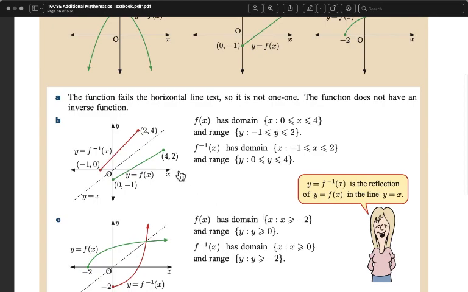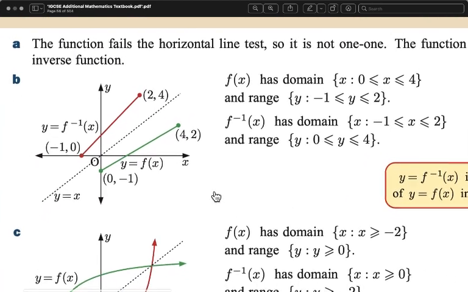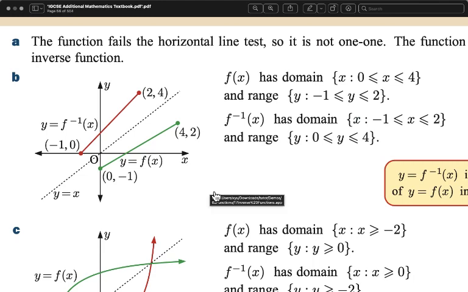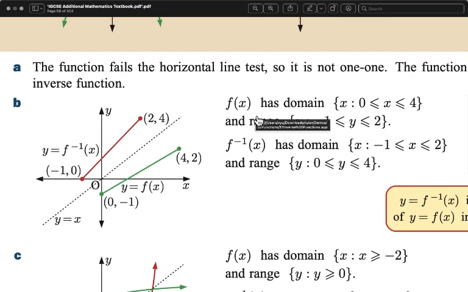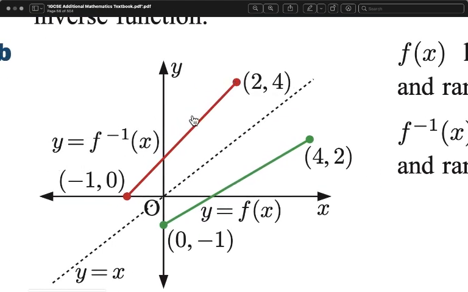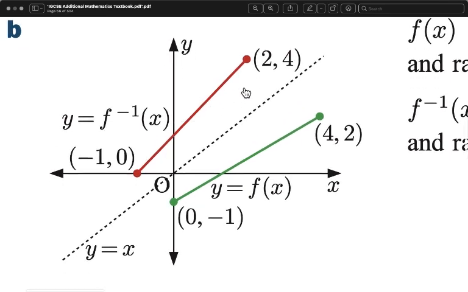Now I'm going to teach another trick. For the inverse function of f(x), the domain of f(x) will be the range of the new inverse function, as everything is reflected on the identity function, and the original range of f(x) is now going to be the new domain of the inverse function. In this case, you see the red line, which is the reflection of the original function.